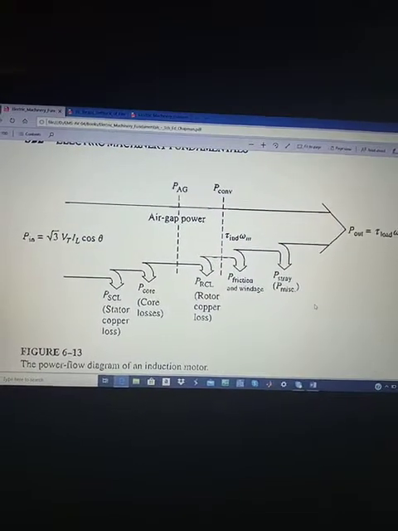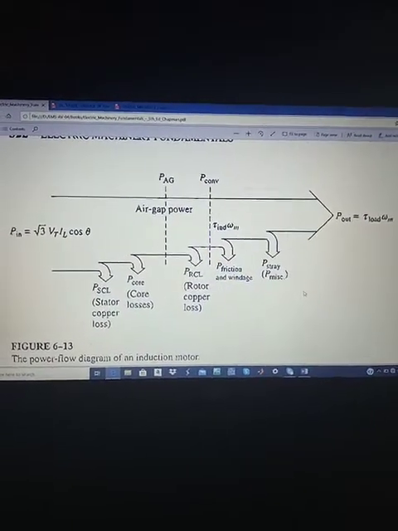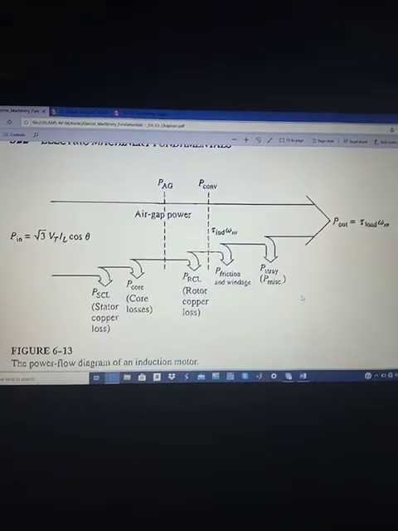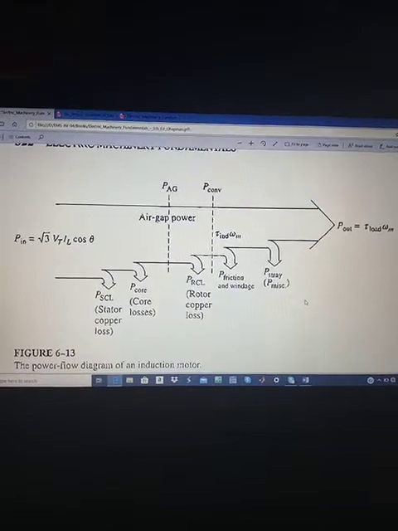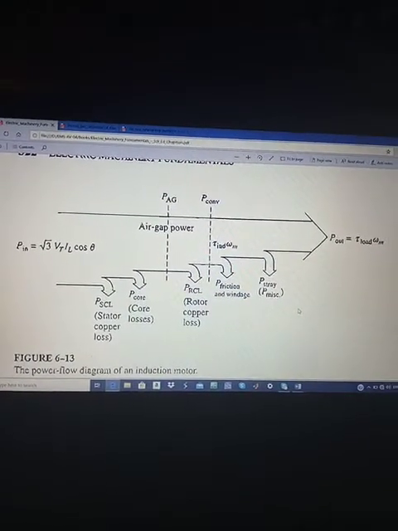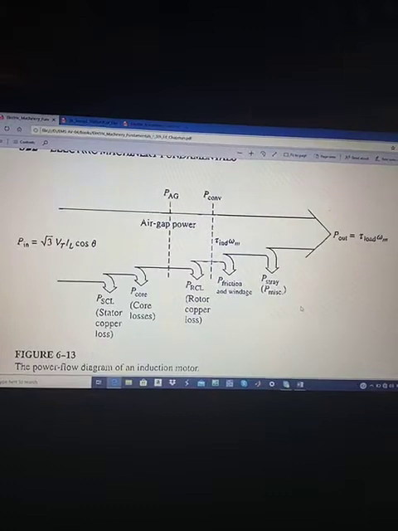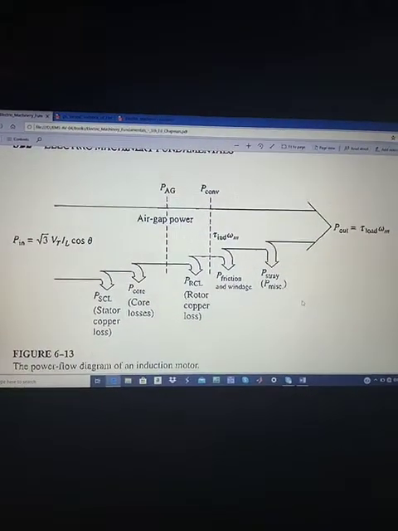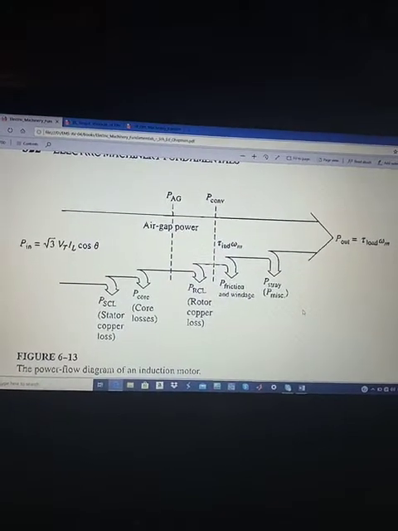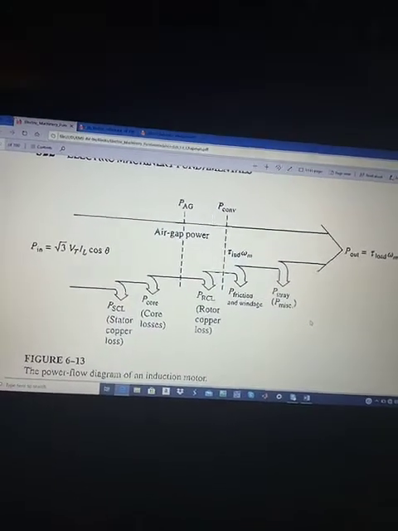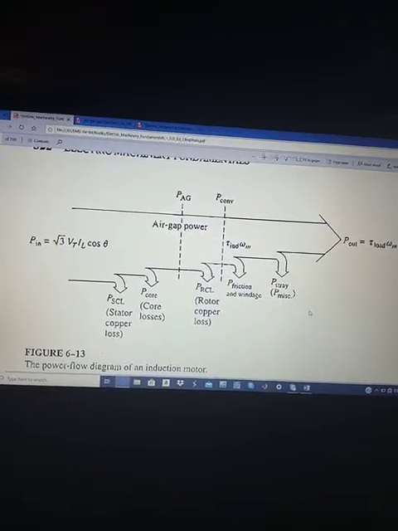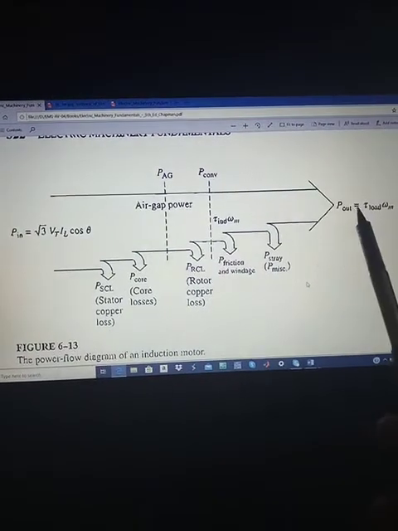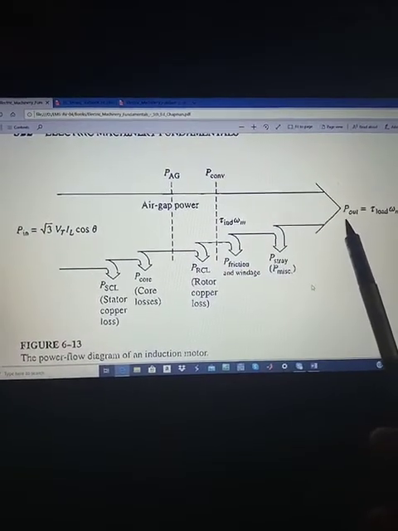But in case of induction motor, the output is actually mechanical output and it is not electrical output. So the relation of input electrical power and the output mechanical power is shown in this diagram, that is how the input electrical power is converted to the output mechanical power.